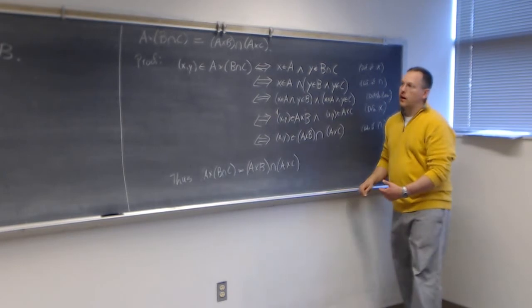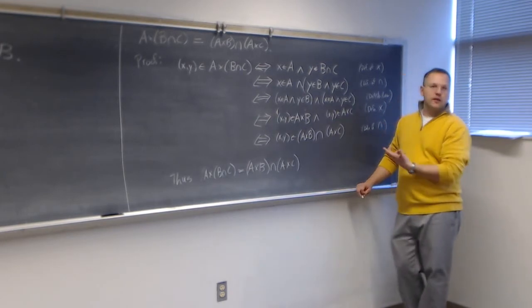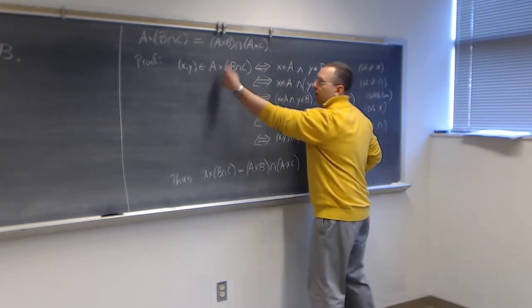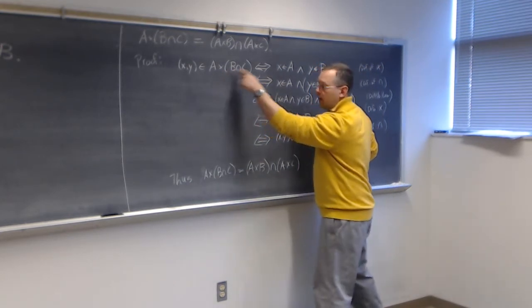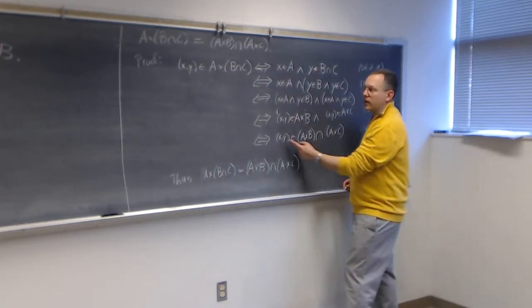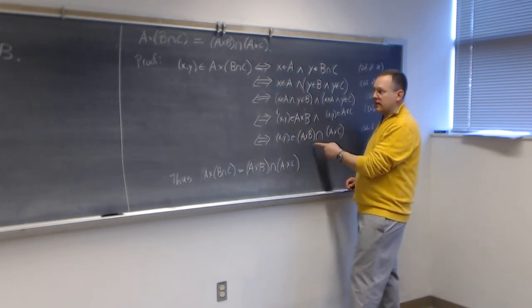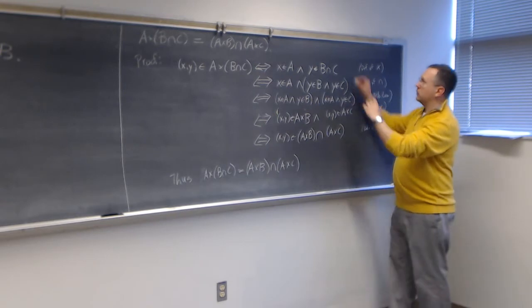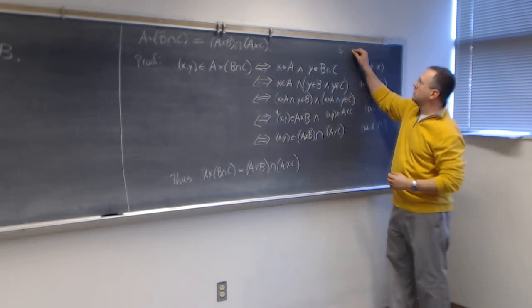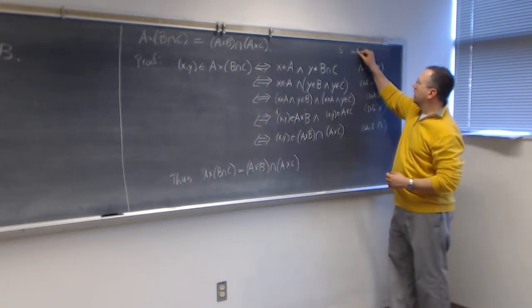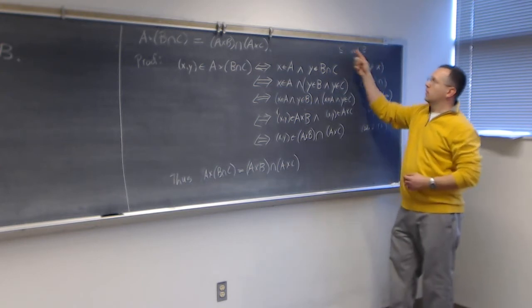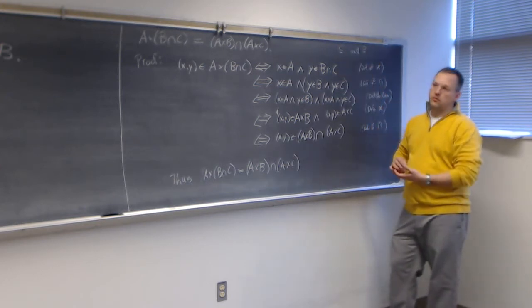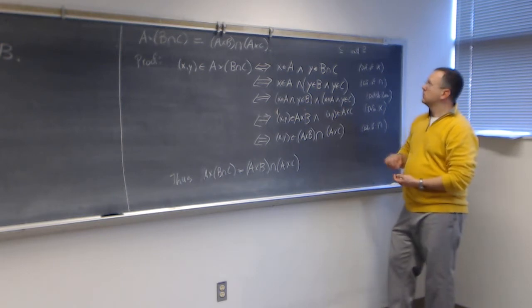What I'm really doing is the two-sided proof. If you read it this way, you start with an arbitrary element here and show it lives here. But if I read it backwards, I start with an arbitrary element of this set and prove that it also lives in this set. So I'm showing both, this and the reverse containment. But if and only if statements do them at the same time. Okay.